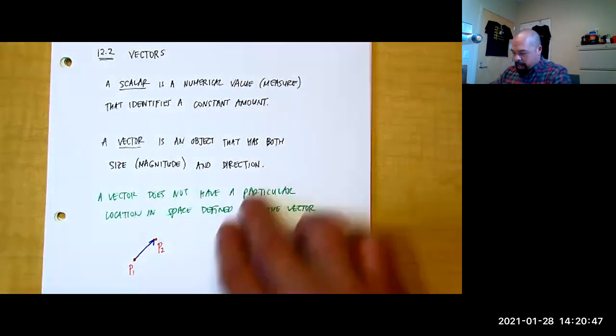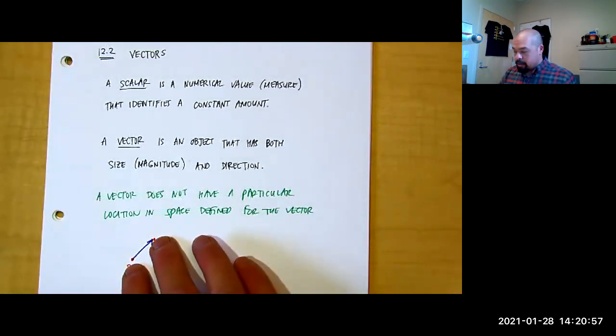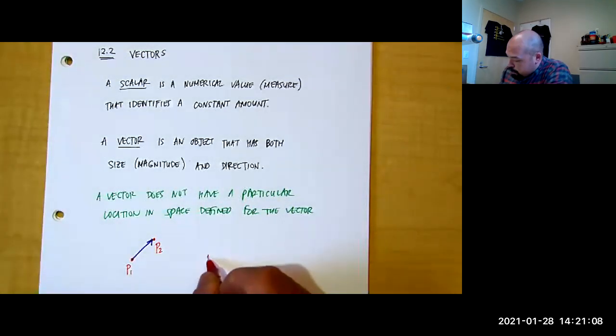I can slide it all around my paper, and we'll still have that same vector. It's just how we're orienting our points that may change. But that vector is going to be consistent. The size, the length, the magnitude, and its direction can be anywhere and still be that same vector.